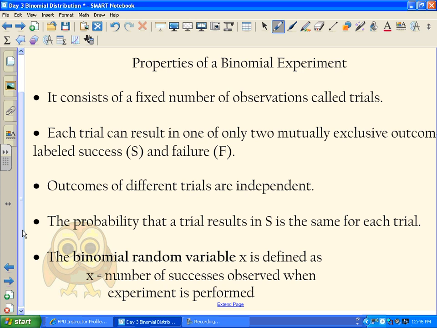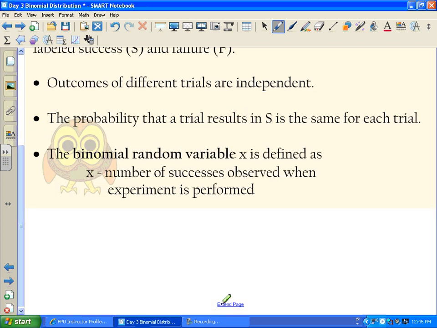Whether the first customer flies international or domestic is independent of the next person, is independent of the next person. And for each one of those three people, the probability that that individual is going to fly international is 40%. Does that make sense? Binomial has a variable defined as x. X is the number of times it happens. We're going to make binomial distribution tables just like you guys made a table today.